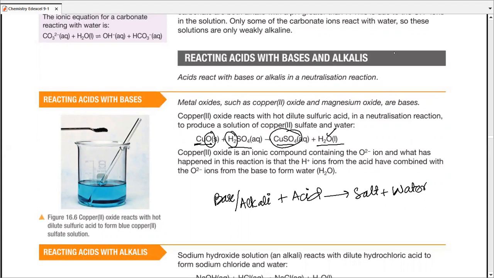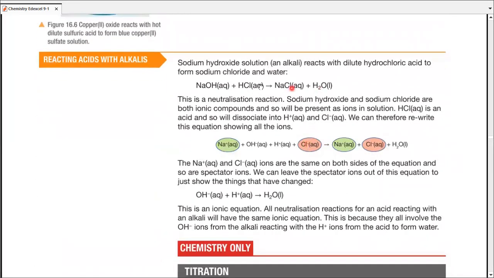On the other hand, if I talk about the reaction of acid with an alkali, the same thing happens. You take H out of the acid, you take OH out of the alkali, you form water out of it, which is the actual neutralization reaction.